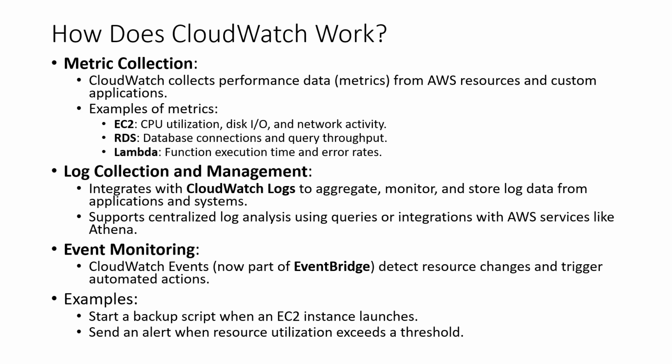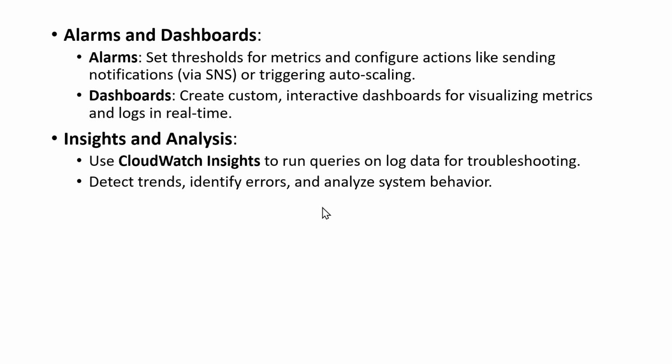So this is how the event monitoring system works, along with alarms and dashboards. We can integrate the alarm using SNS, and we can customize the dashboard based on our requirement. Another thing is insights and analysis.